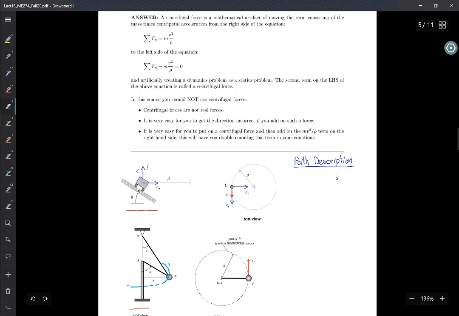The tangential component is on the plane, and the normal component is on this plane. So in this view, the tangential component is like this and the normal component is like this, right?